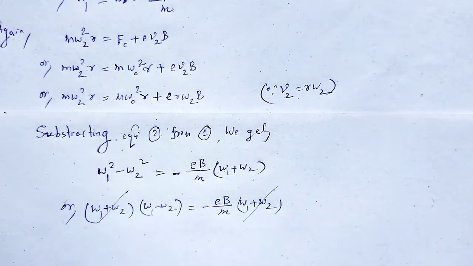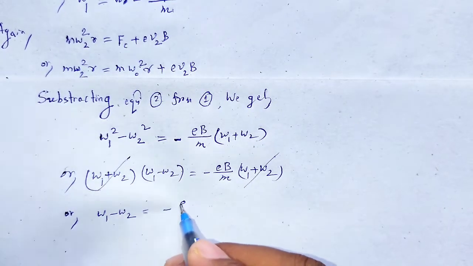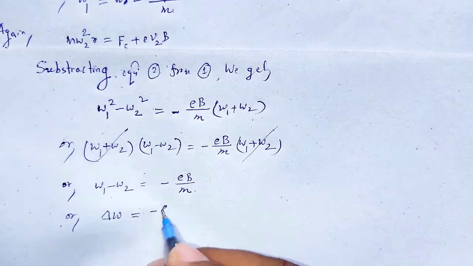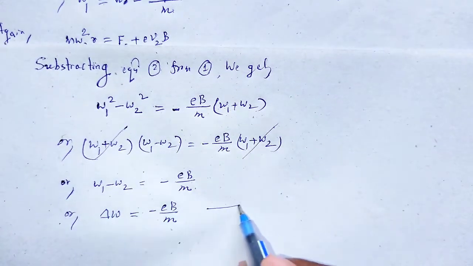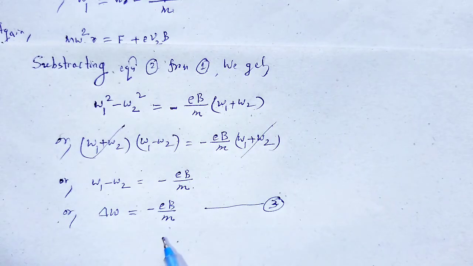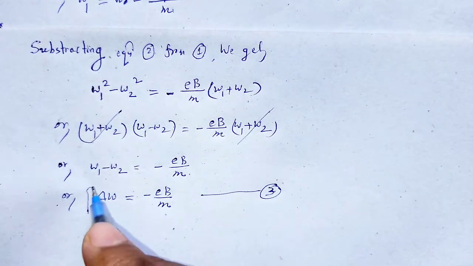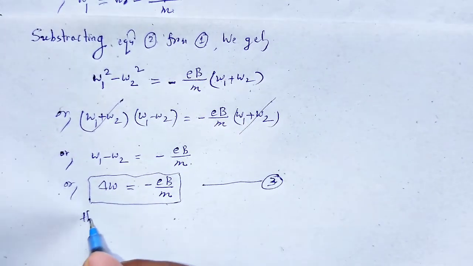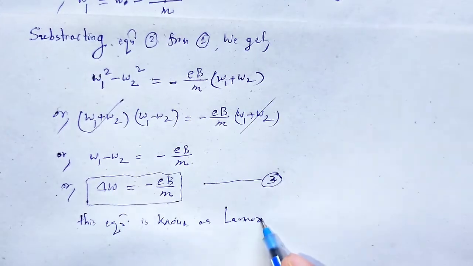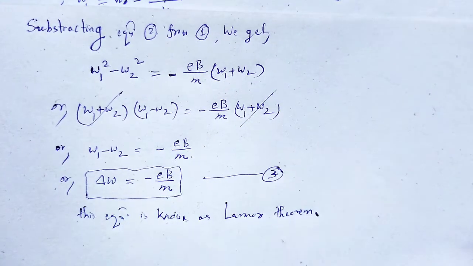The factor omega 1 plus omega 2 cancels out on each side, so omega 1 minus omega 2 is equal to minus eB by m, that is, the change in omega, delta omega, is equal to minus eB by m. That is equation number 3. This change in frequency, minus eB by m, is known as Larmor's theorem, and that frequency change is known as the Larmor frequency.